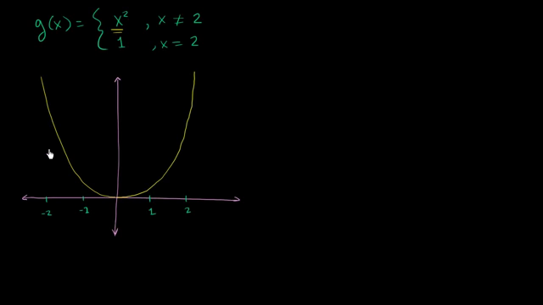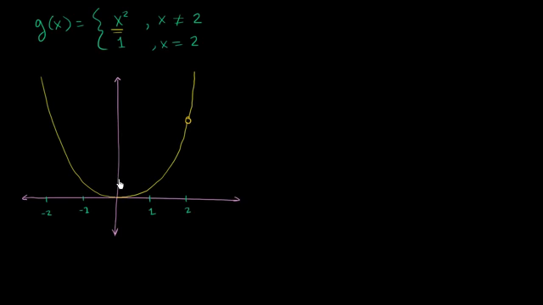Now this would be the graph of just x squared. But it's not x squared when x is equal to 2. So once again, when x is equal to 2, we should have a bit of a discontinuity here, so I'll draw a gap right over there, because when x equals 2, the function is equal to 1.